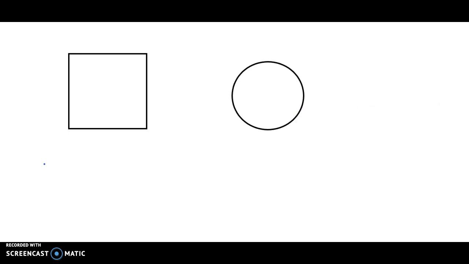So in this case, the perimeter, or the circumference, would be 2 times pi, which is 3.14 approximately, times the radius. So we have a diameter, and the radius is just going to be half of that.